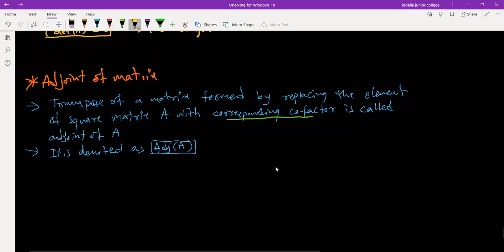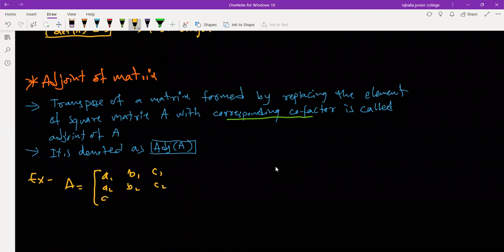Suppose I have a matrix whose elements are A1, B1, C1, A2, B2, C2, A3, B3, C3. Okay, girls, I have a 3 by 3 matrix.